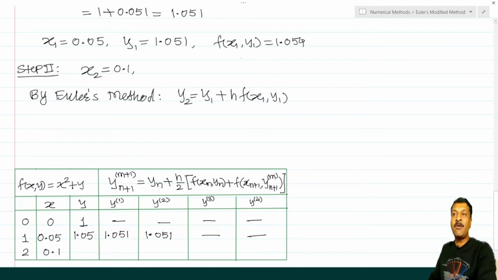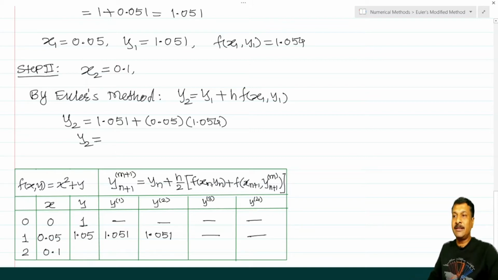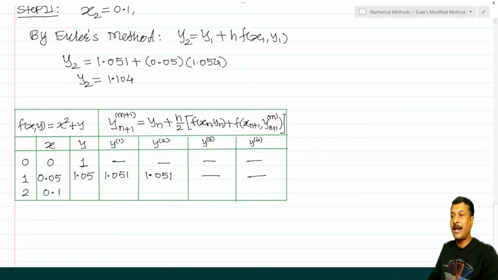You already have this f of x1 y1 value. So I am getting now y2 equal to, what is the value of y1? 1.051 plus h is 0.05 and f of x1 y1 is 1.054, and that is why I am getting here y2 equal to, by calculator, 1.104. Up to 3 digits I am taking.